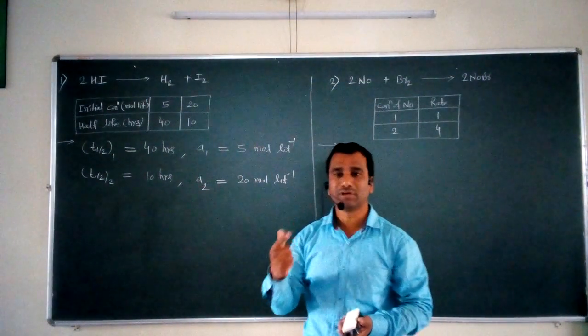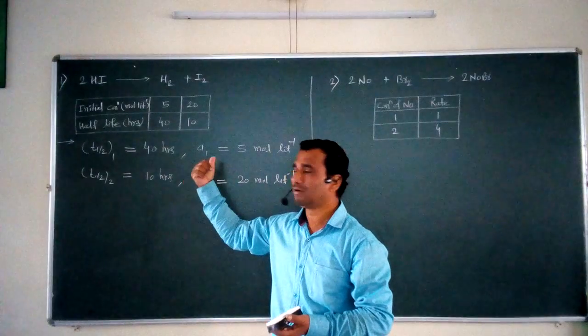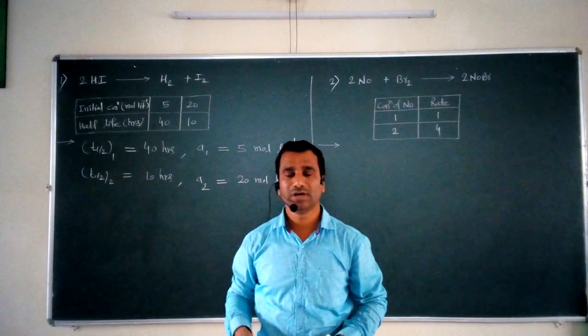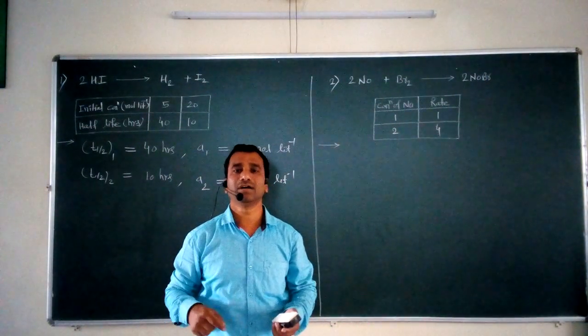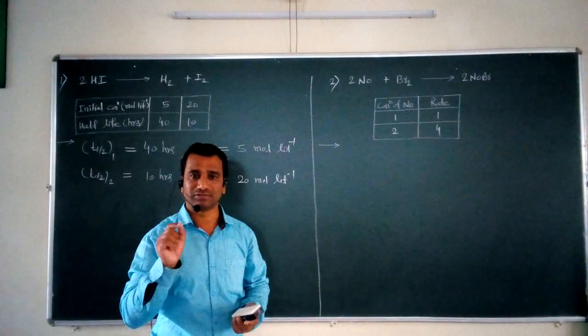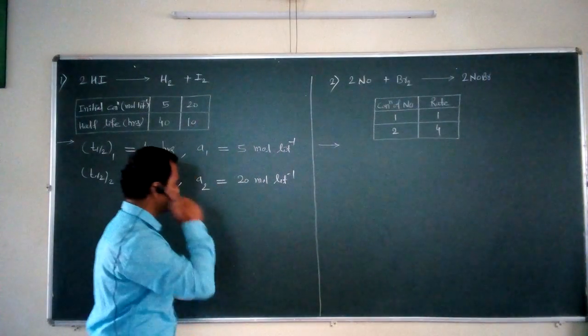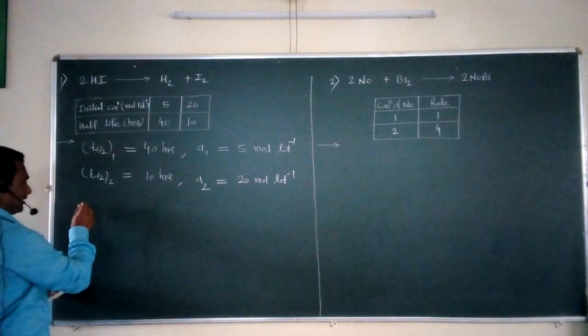Once we obtain the given data from the tabular data, the next step is to take a suitable equation for solving this numerical. We know one equation from the half-life period method to calculate the order of a chemical reaction.